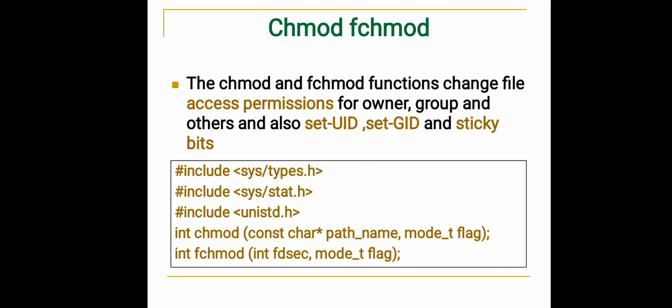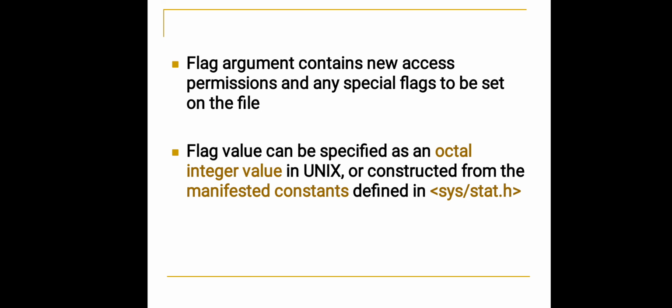chmod, fchmod. The chmod and fchmod functions change file access permission for owner, group and others, and also set UID, set GID and sticky bits. #include <sys/types.h>, <sys/stat.h>, <unistd.h>. int chmod(const char *path_name, mode_t flag). int fchmod(int fdesc, mode_t flag).